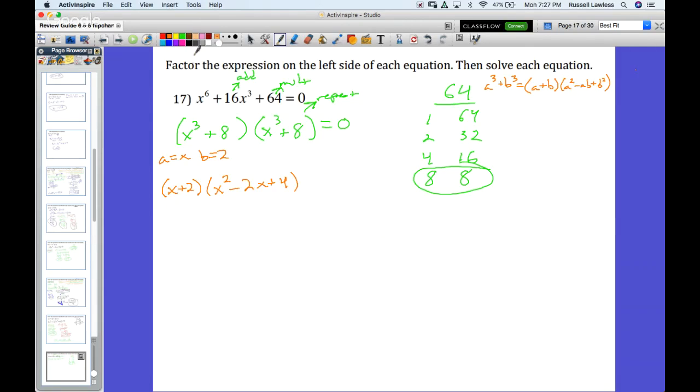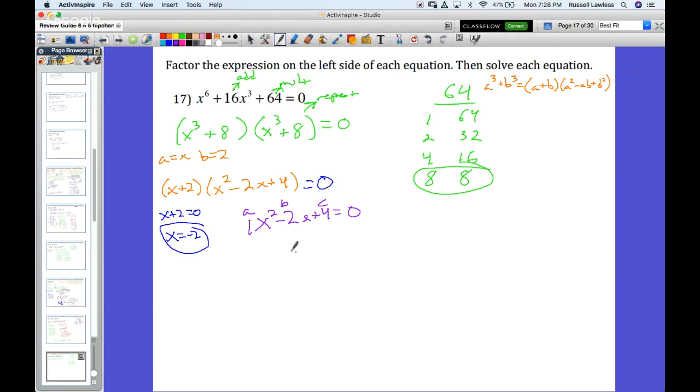When I solve for this x plus 2, I'm just setting that x plus 2 equal to 0, where x is equal to negative 2. So far, so good. Then for this second one here, x squared minus 2x plus 4 equals 0. Well, again, this is not factorable, so we're going to have to use the quadratic equation, where a is 1, b is negative 2, and c is 4.